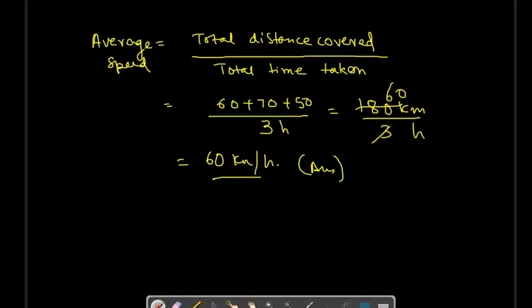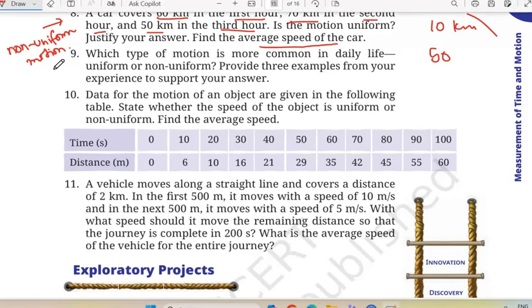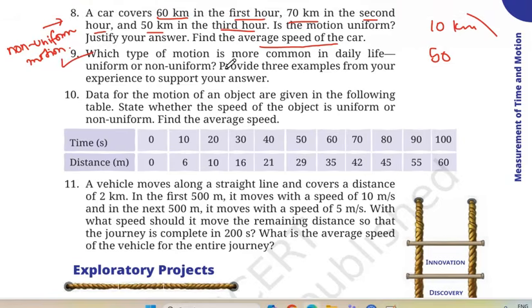Now let us go to the next question, question number 9. Which type of motion is more common in daily life, uniform or non-uniform? Provide 3 examples from your experience to support your answer. In our daily life, we seldom see uniform motion. The most common one is non-uniform motion.